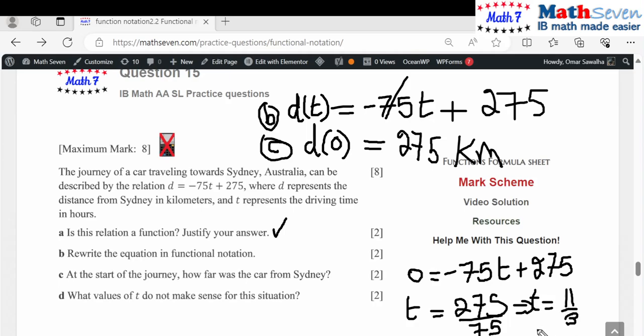So after 11 over 3 hours, the car will reach Sydney. So for t greater than 11 over 3 hours, the time doesn't make any sense, because the car has already reached Sydney. That is basically 3.6 repeating hours. After this time, the function doesn't work anymore.